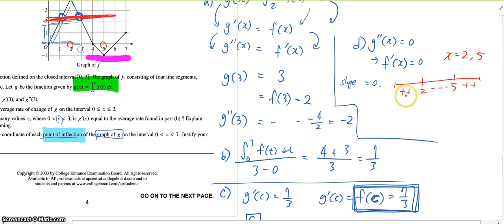So you see the sign changes from positive to negative after passing point 2, and from negative to positive after passing x equals 5. That means at x equals 2 and x equals 5 the sign changes, which means the concavity changes. So that tells us that x equals 2 and 5 are where points of inflection exist. Thank you.